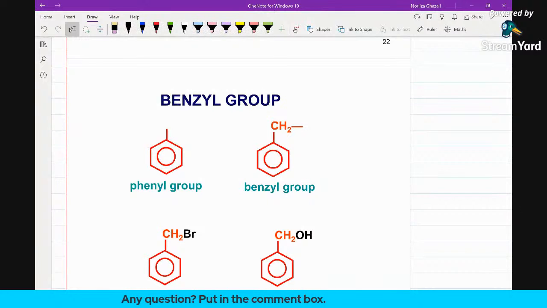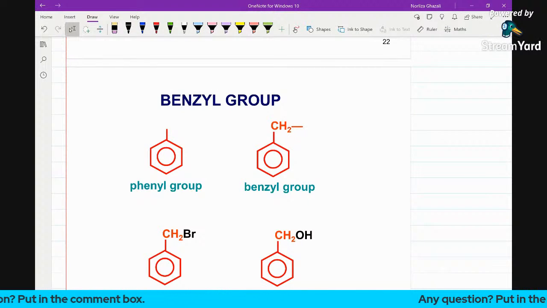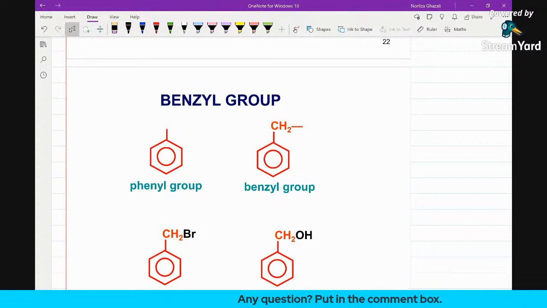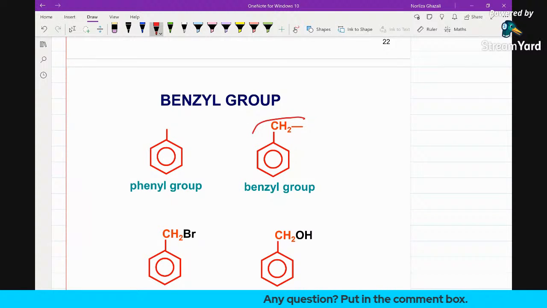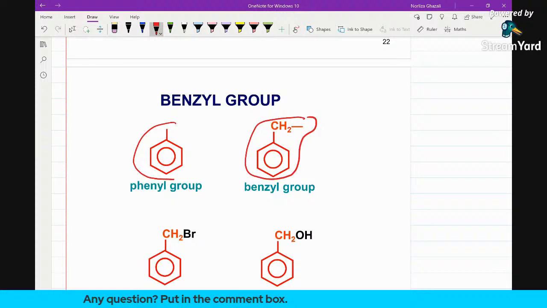And then beside phenyl, we also often use benzyl. Please differentiate phenyl and benzyl. Benzyl, you have benzene and CH2. So this is benzyl. This is phenyl.